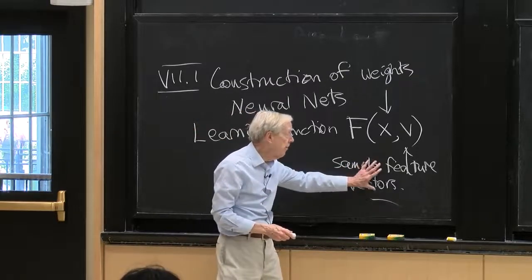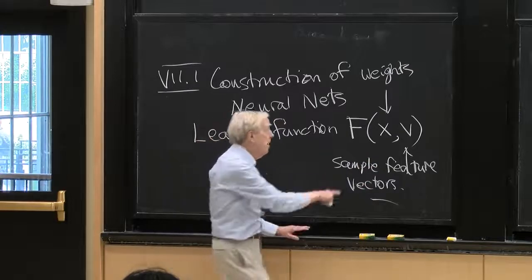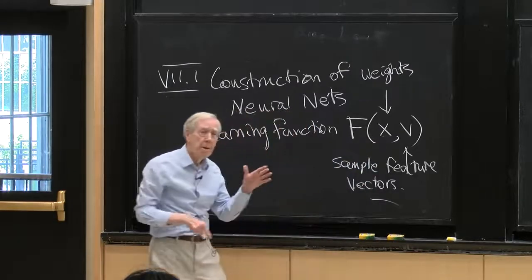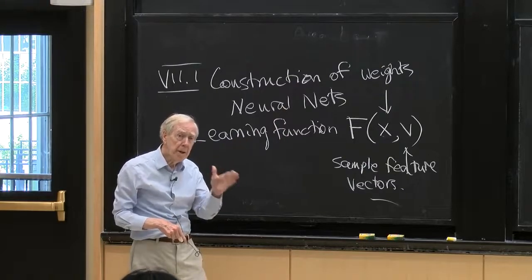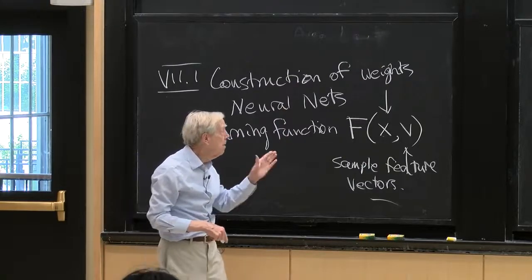So those are the feature vectors, and these are the numbers in the linear steps, the weights.